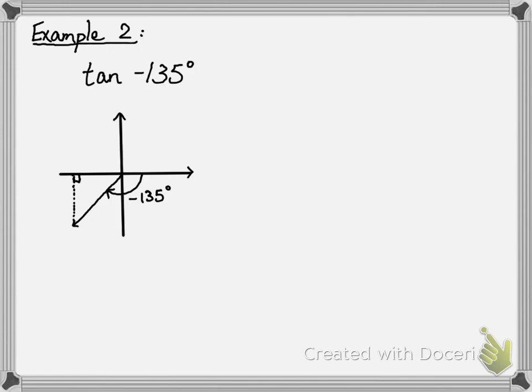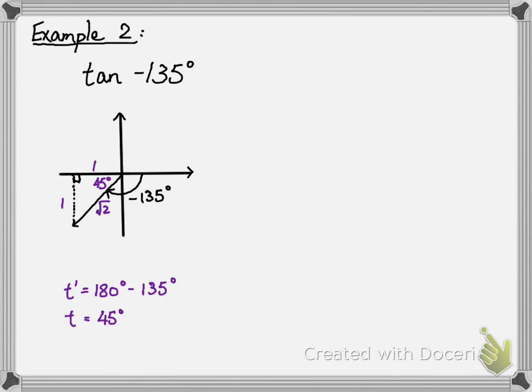To find the reference angle of negative 135 degrees, we can find it by 180 degrees subtract 135 degrees, which equals 45 degrees. Again, we will have a special triangle, 45 degrees, 45 degrees, 90 degrees triangle. The side of this triangle will be 1, and the hypotenuse is square root of 2.